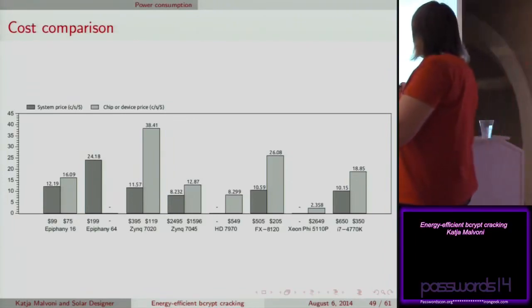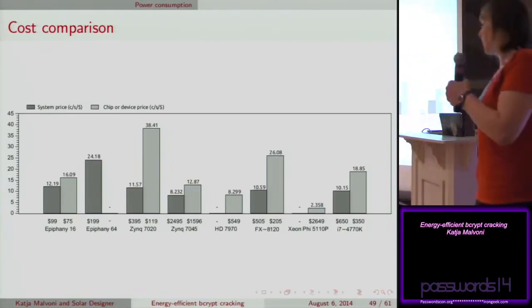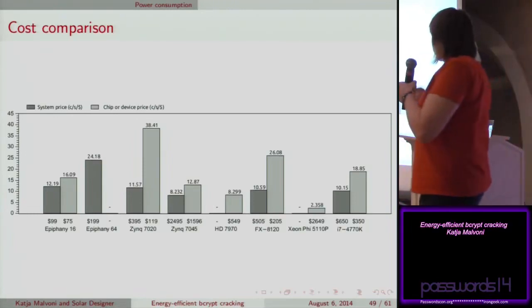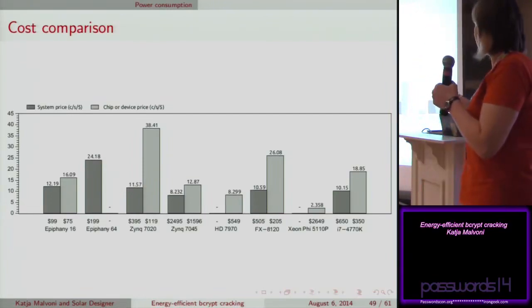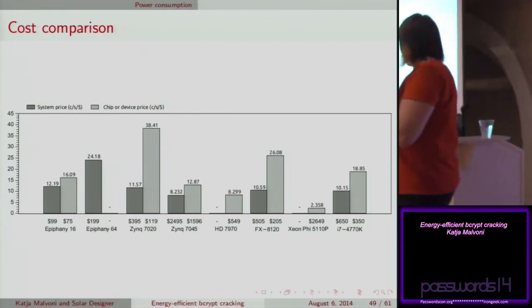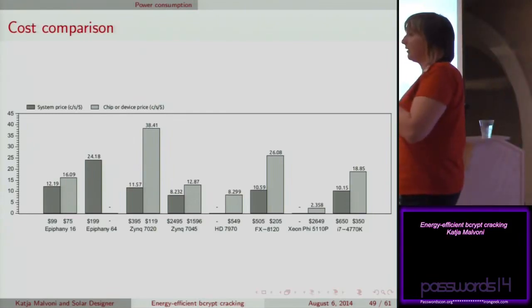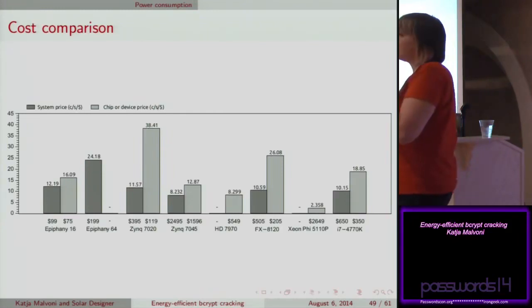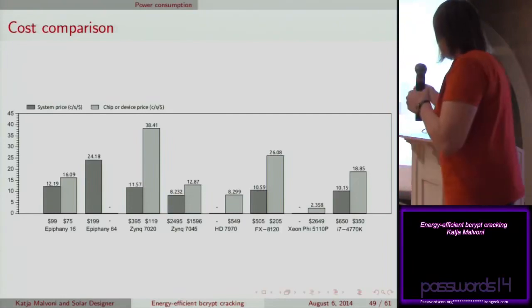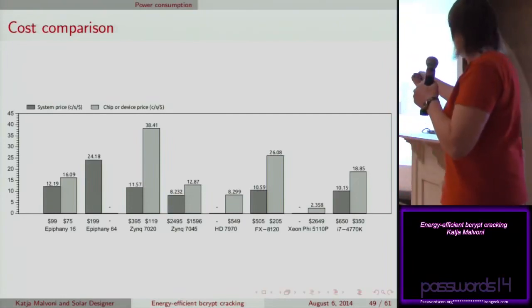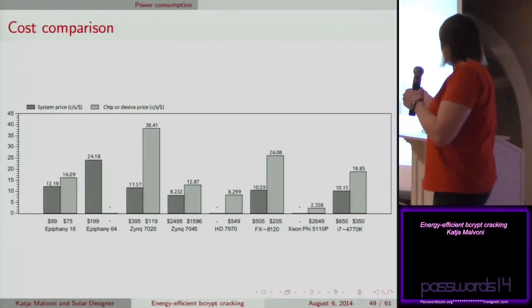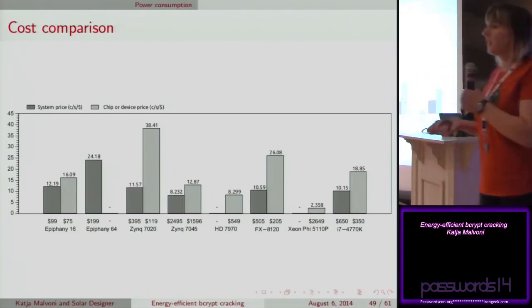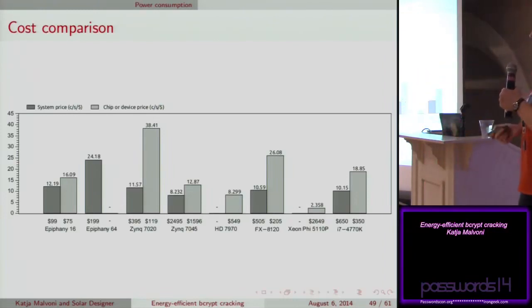For energy efficient platforms, it's really easy. System price is the price of the board, and chip or device price is the price of the chip. One note: this 99 was the intended price at introduction, but currently the board is more expensive. It's $119. For other platforms, for CPUs, for system price we used device price plus $300, because you cannot just plug in a CPU; it's not plug and play.